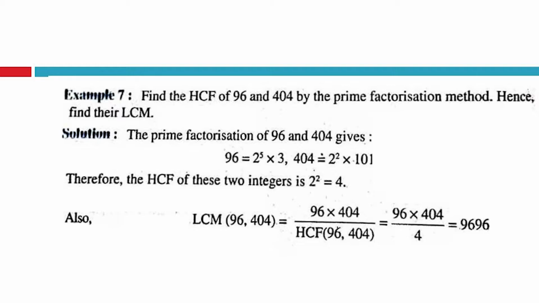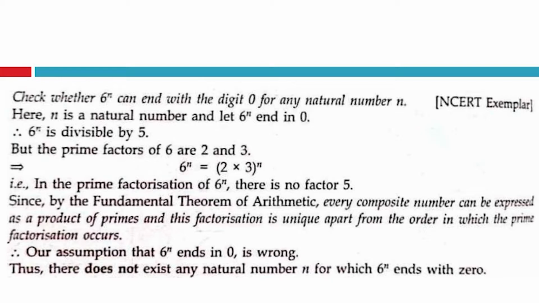Therefore, the HCF of these two integers is 2 square equals 4. Also, LCM of 96 and 404 equals 96 into 404 divided by HCF of 96 and 404, equals 96 into 404 divided by 4, equals 9696.